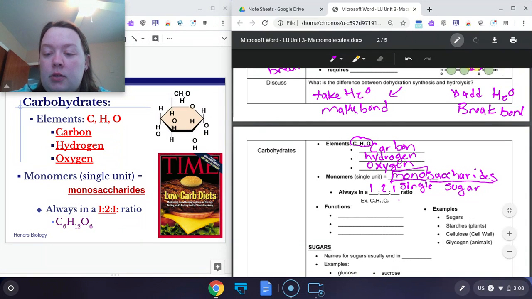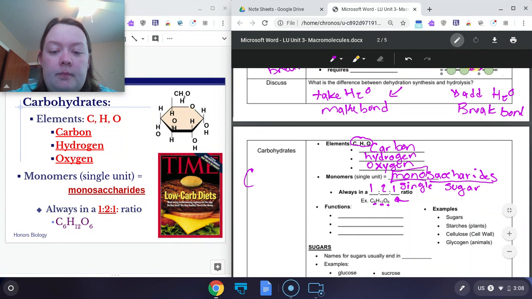Here's an example. This is a sugar known as glucose. Glucose has 6 carbons and 6 oxygens. Those are our 1s. The 2 in the middle is going to have twice as many, 12 hydrogens. So if we did this on the side, let's just make up our own carbohydrate.